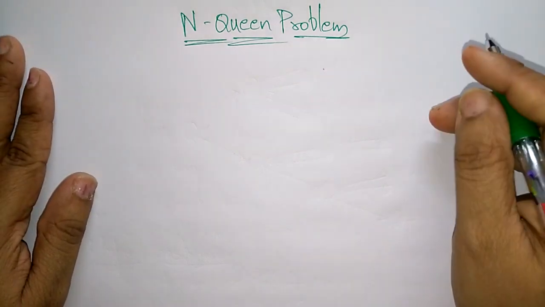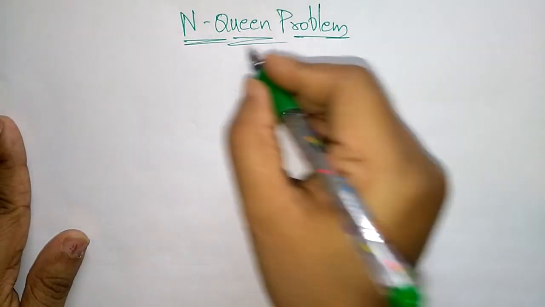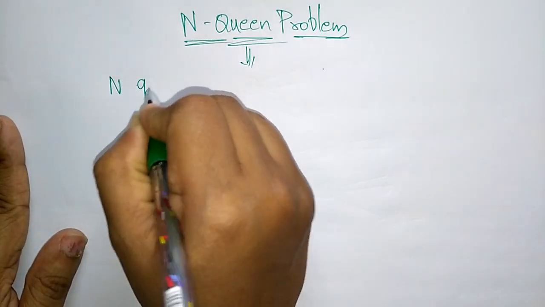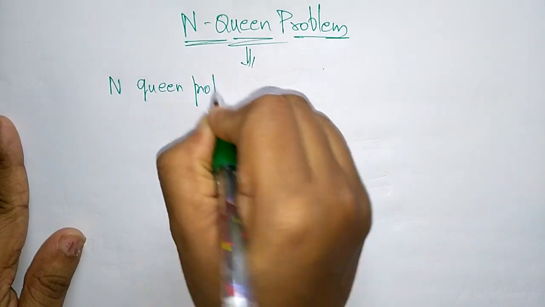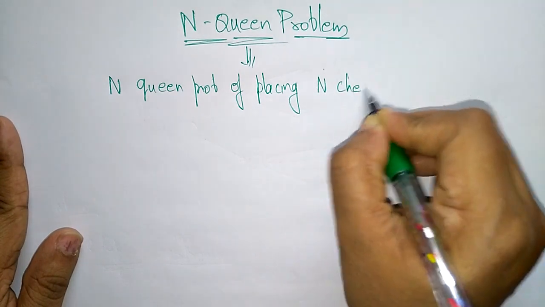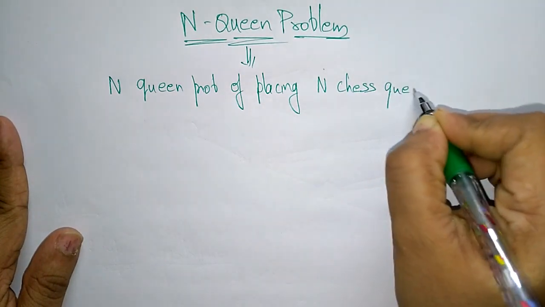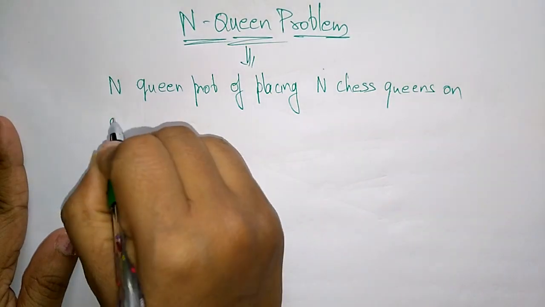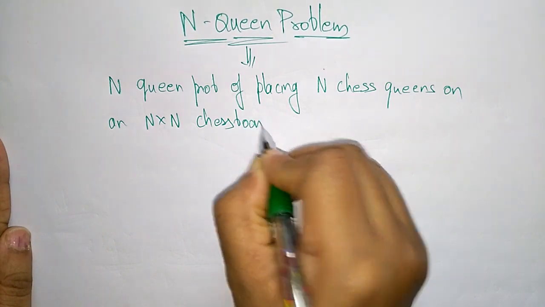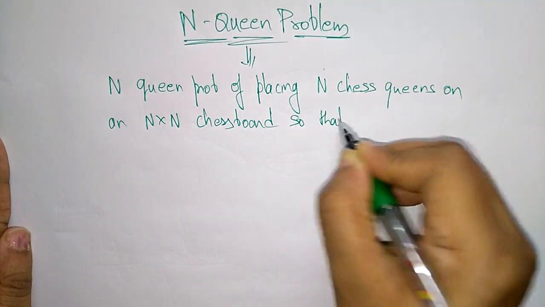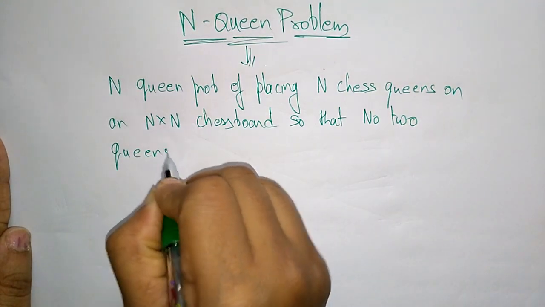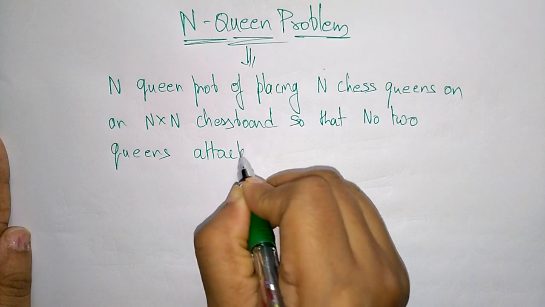We will take a chessboard. Let me write the n-queen problem: placing n chess queens on an n by n chessboard so that no two queens attack each other.